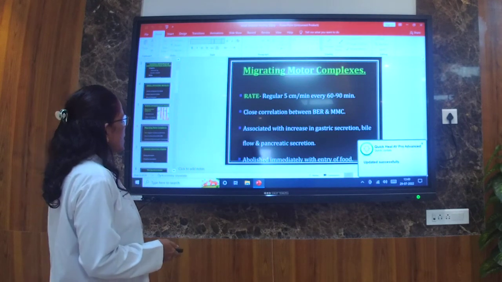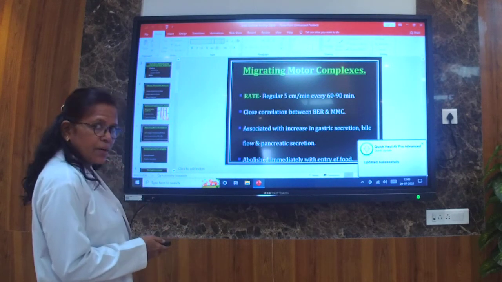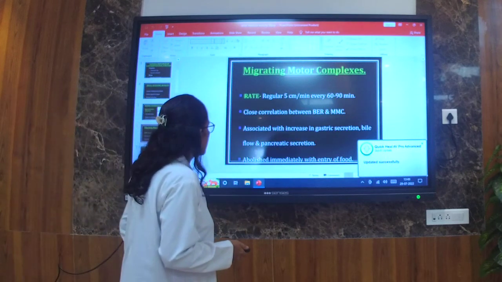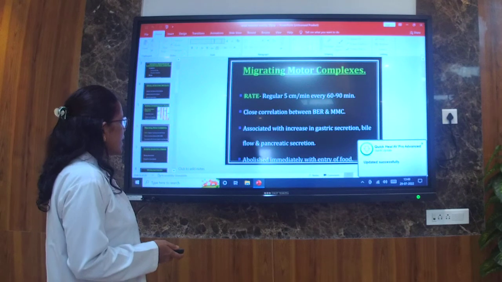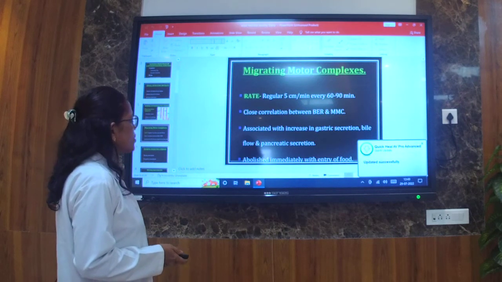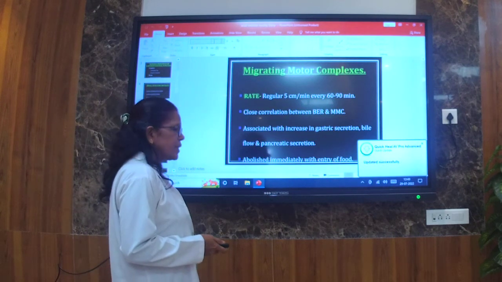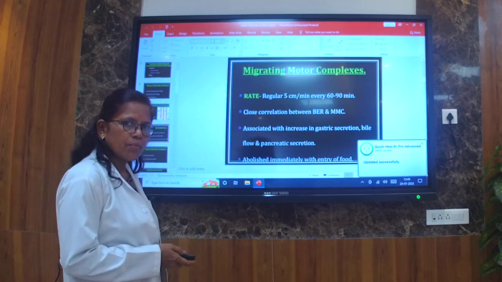Then what is the migrating motor complex, or MMC? Its regular rate is 5 cm per minute every 60 to 90 minutes.